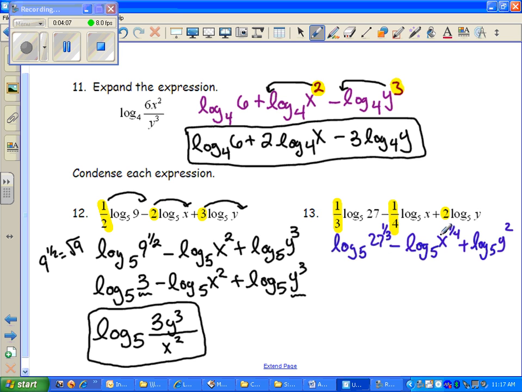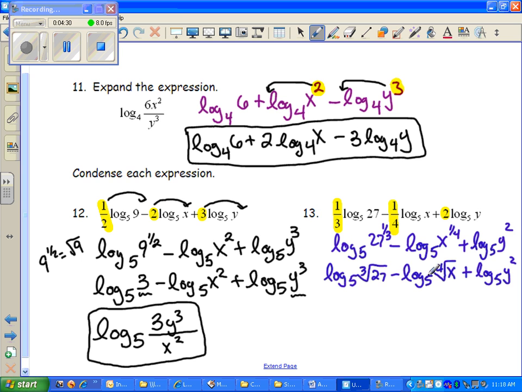We're going to rewrite these into radical form here. So log base 5, and this would be the cube root of 27, minus log base 5, and this is the 4th root of x, and then this just stays how it was, log base 5 of y squared.